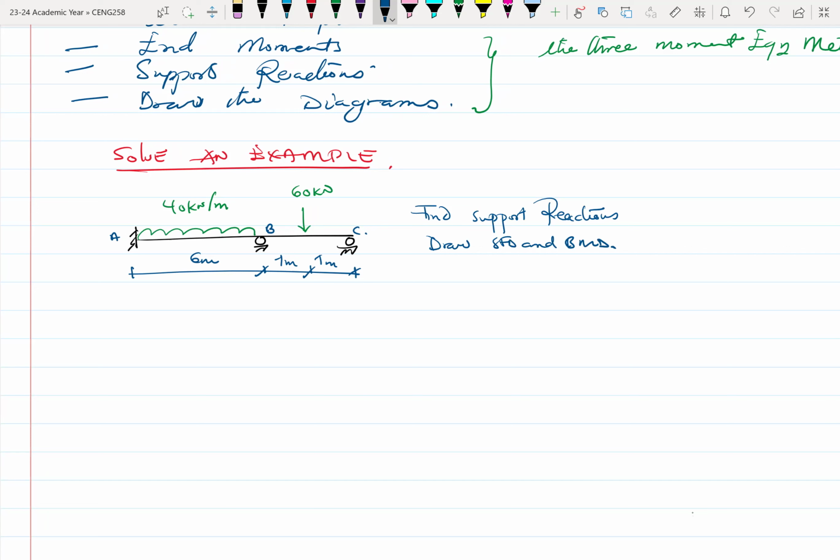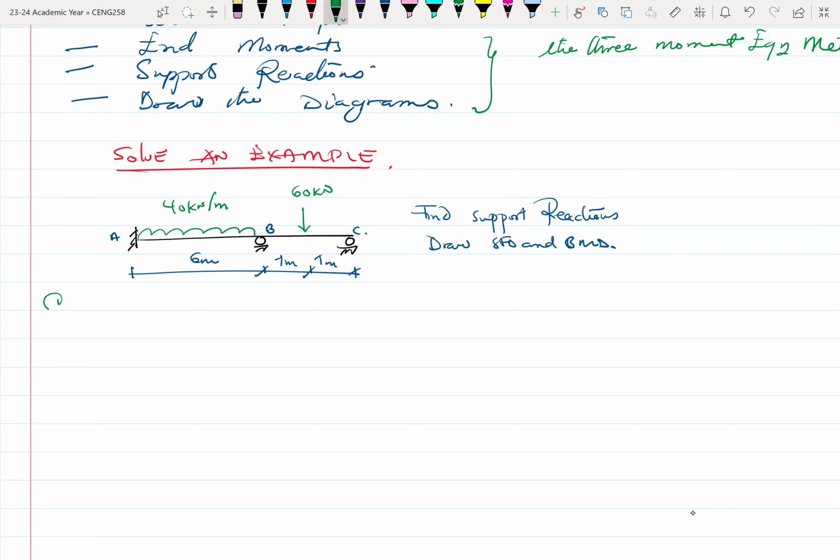You can use different methods to solve this question. You can use the slope deflection, the moment distribution, the force method, or the matrix stiffness method. There are quite a number of methods out there which you can use to solve this particular problem.